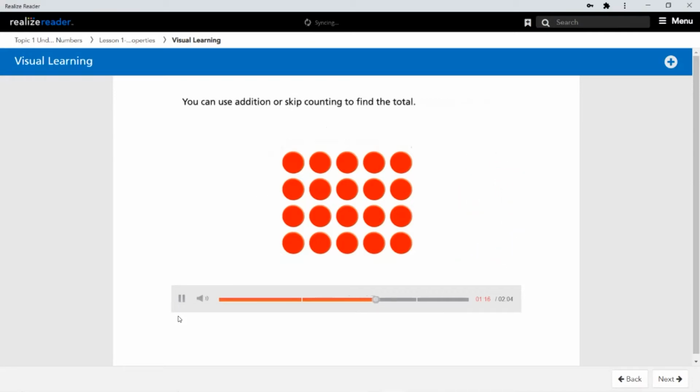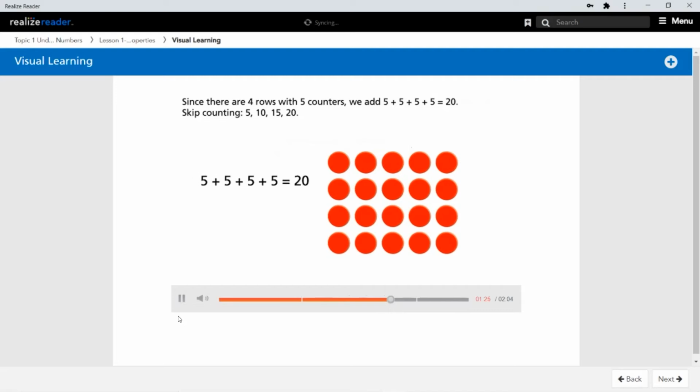You can use addition or skip counting to find the total. Since there are 4 rows with 5 counters, we add 5 plus 5 plus 5 plus 5 equals 20. Skip counting 5, 10, 15, 20.